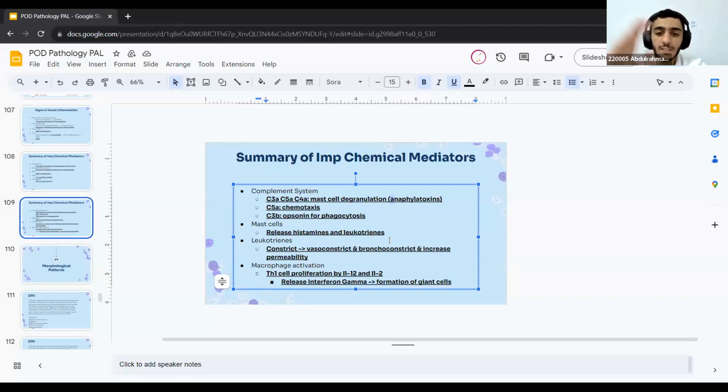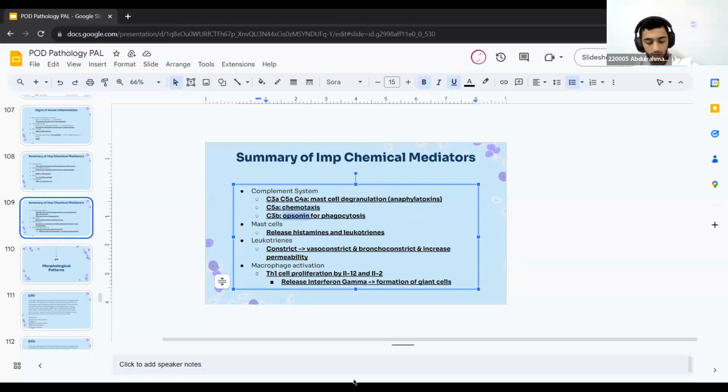And any type of anaphylactic reaction is going to be associated with an allergic reaction. Allergic reactions are associated with histamines. So if we say anaphylatoxins, then they're going to be mediating an allergic reaction, which is going to be through histamines and mast cells. And it's 3A, 4A, and 5A. However, the 5A is chemotaxis. This is very important. 3B is opsonin and phagocytosis.